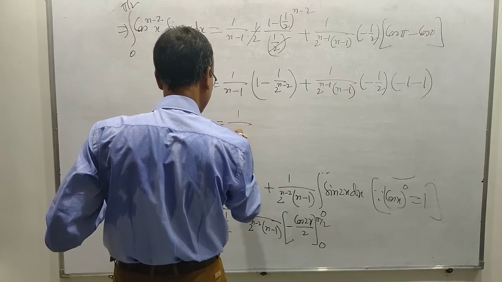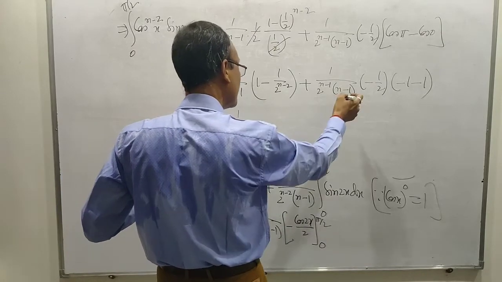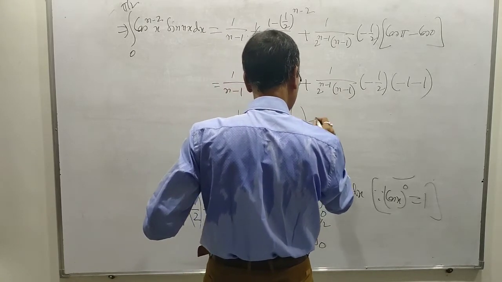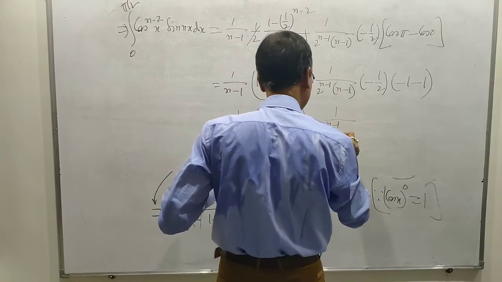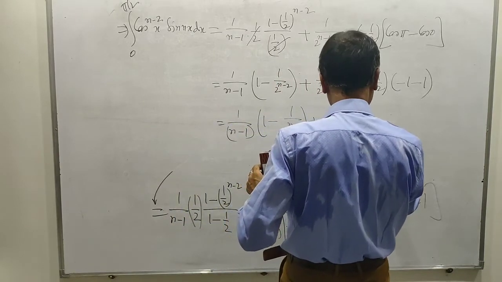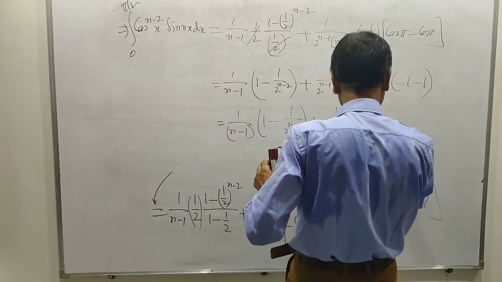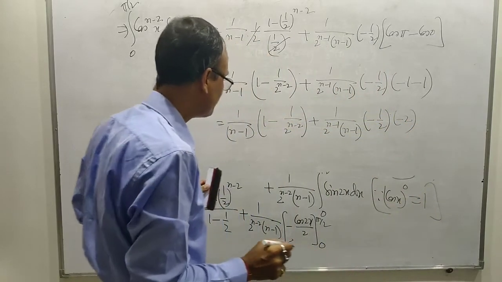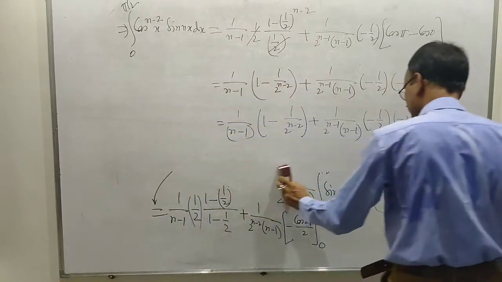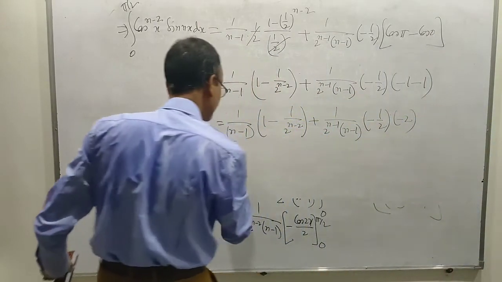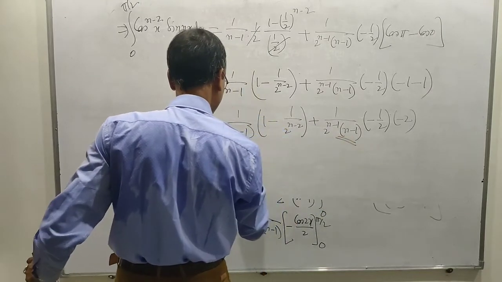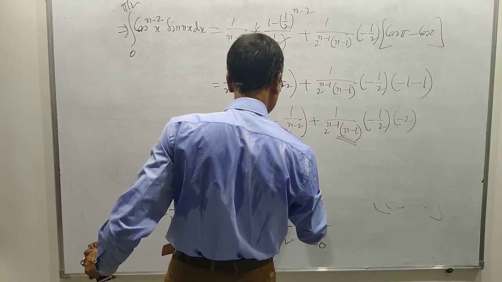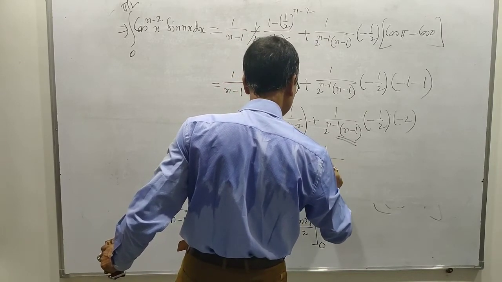This is equal to 1 by n minus 1, 1 minus 2 to the power n minus 2 plus 1 by 2 to the power n minus 1 into n minus 1, minus half minus 2. These two terms will be cancelled. Now you see this, 1 by n minus 1 we have also written in this way.